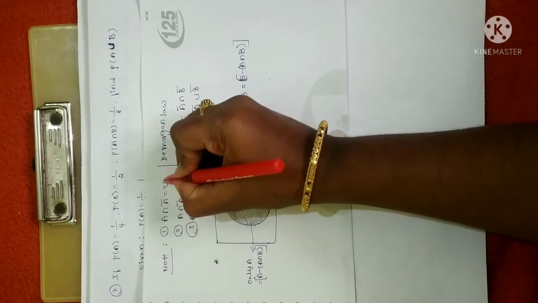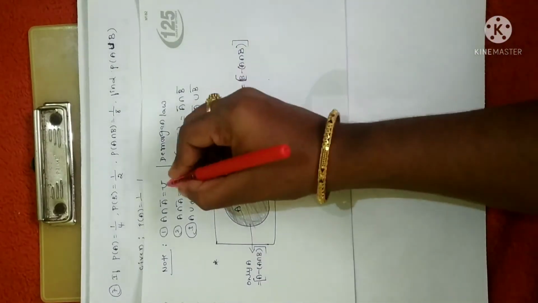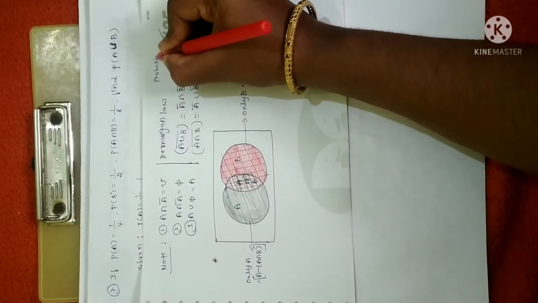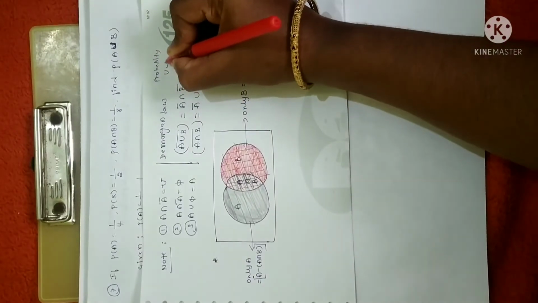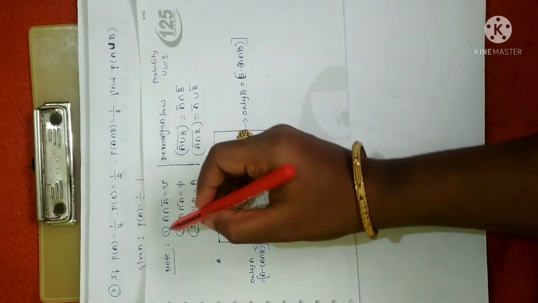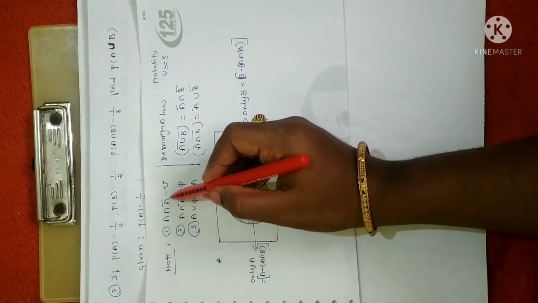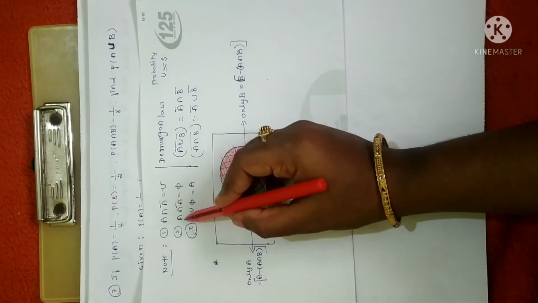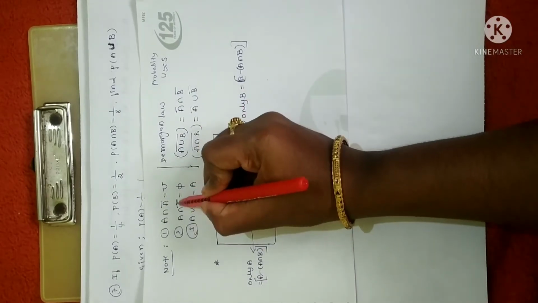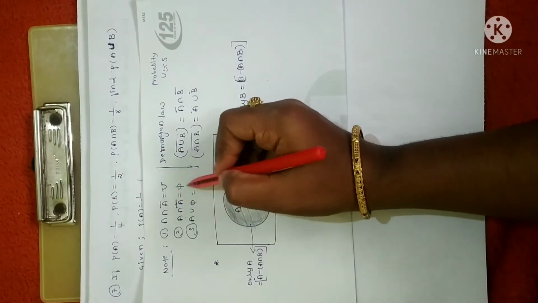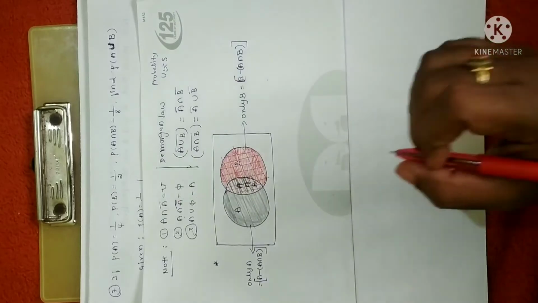In case of probability, the universal set is equivalent to the sample space. Whenever you take A union with its complement, you will get the universal set. Intersection of A and its complement is the null set. A union null set is A.